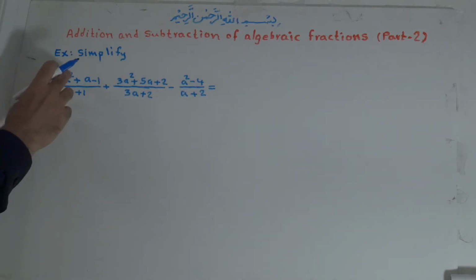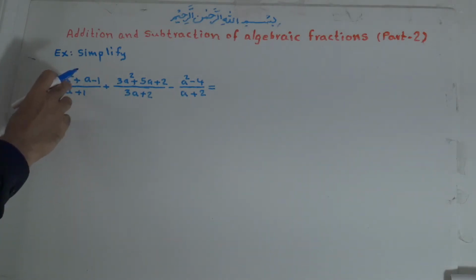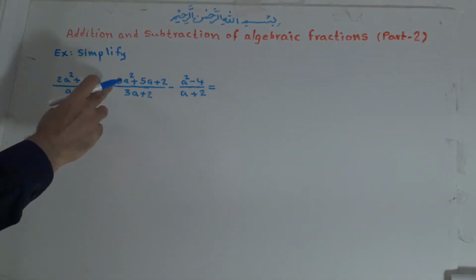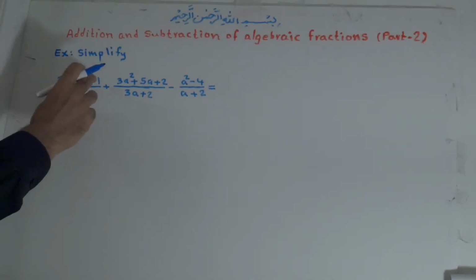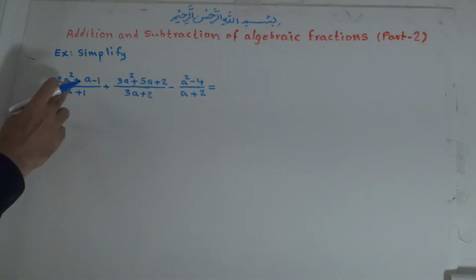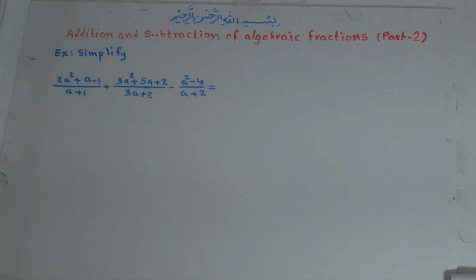We reduce or cancel the numerator with the denominator of the same fraction, but we cannot reduce the numerator with the denominator of another fraction. So first of all we factor these as much as possible, then we find the smallest common denominator, and then we continue our operation.